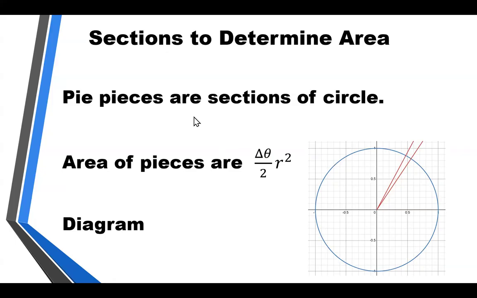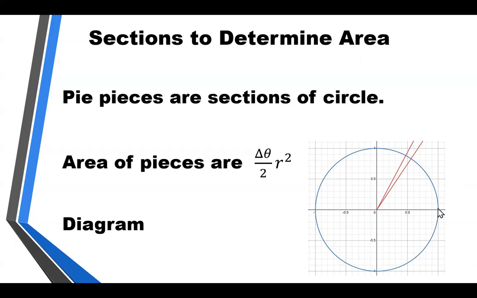Remember that in polar coordinates, r equals a number gives me a circle, and theta equals a number gives me a line through the origin. So these generating pieces will be lines through the origin and circles of certain radius. So I'm going to cut little pie sections out. A little pie section is just a part of a circle.